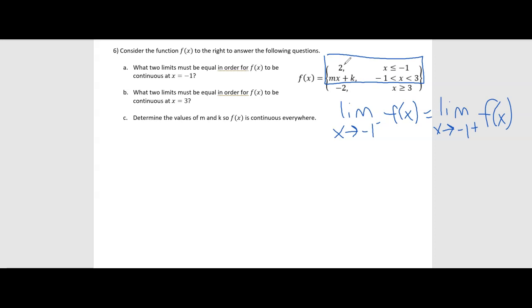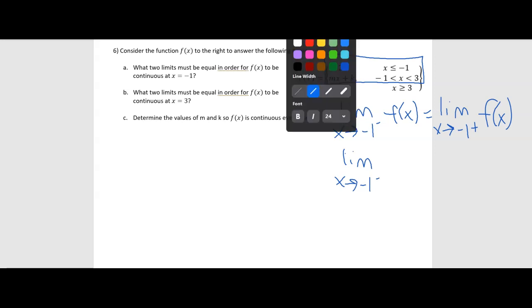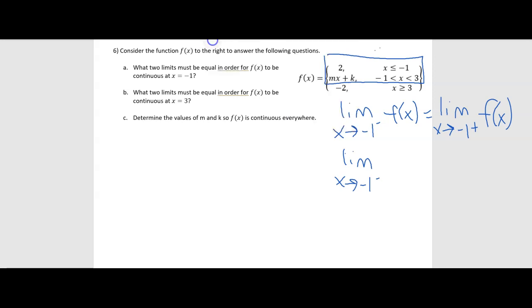So for the left-hand side, we are looking at 2. So 2 is the piece of the piecewise function that deals with values less than or equal to 1.